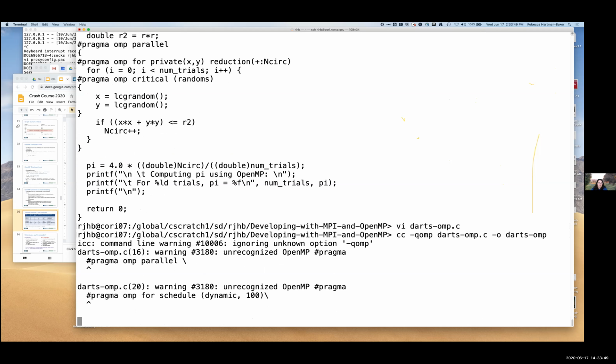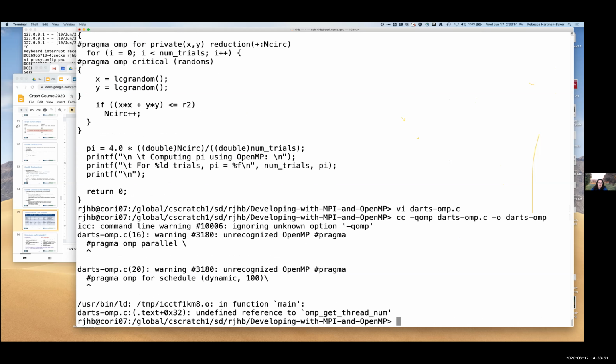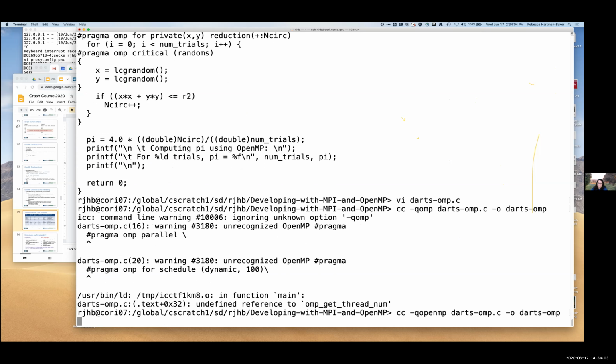All right, recross your fingers, because I didn't do this right. It's not qomp, it's -qopenmp. There we go. Oh boy, it compiled. It's a little scary.